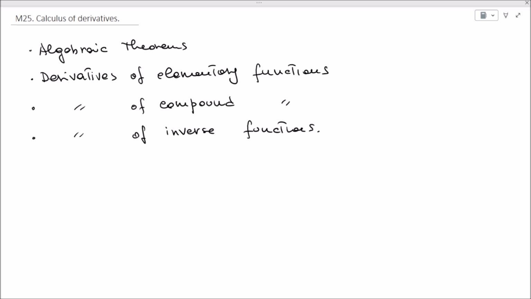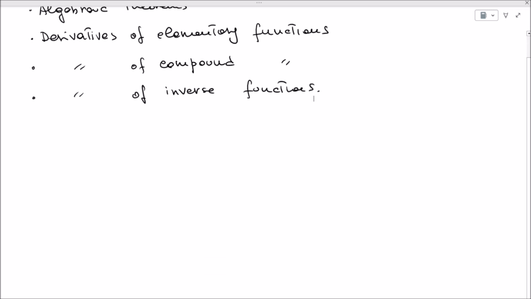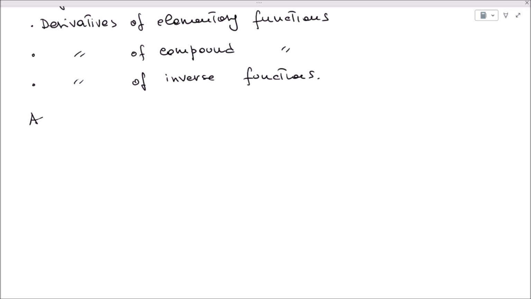Okay, so let's start with the algebraic theorems, which are 5. First, f plus or minus g, two functions.